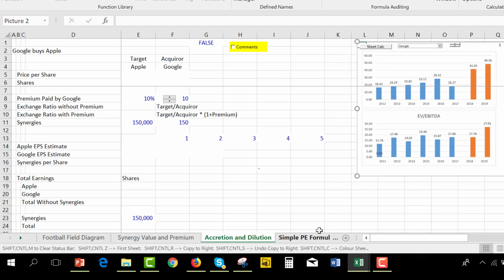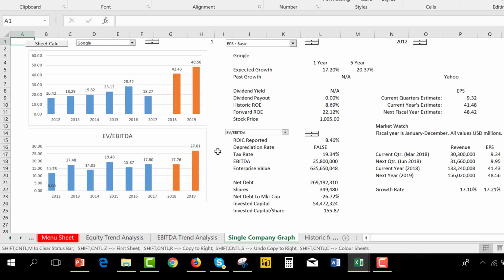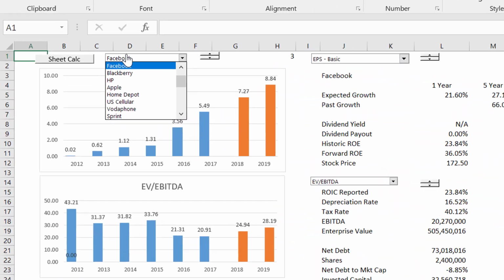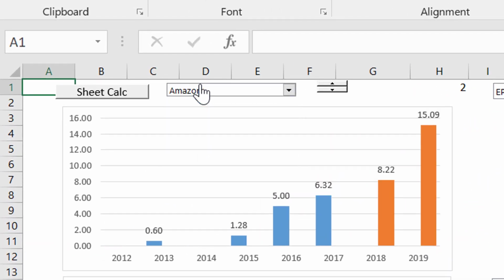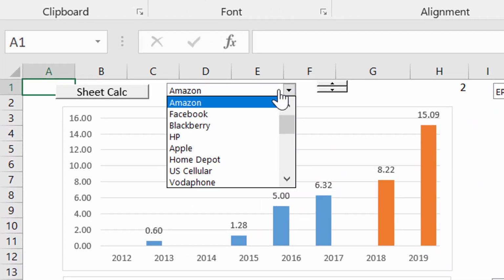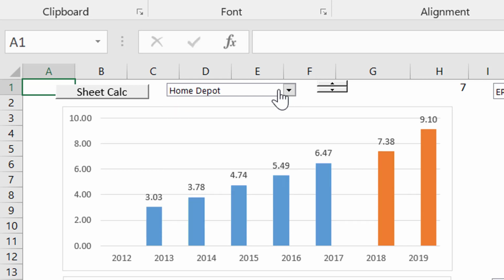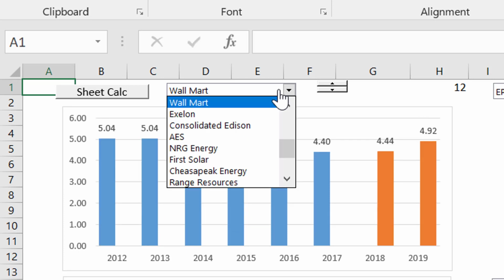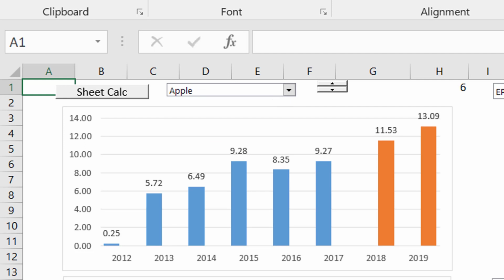I'm doing this purposely so that you can see how easy it is. You could just cycle, if I want Facebook, if I want Amazon. I'm experimenting with some of these companies, Home Depot, Walmart, these big companies. We're going to focus on Apple, and then you can get all of the other things and cycle through them with these little spinner boxes.